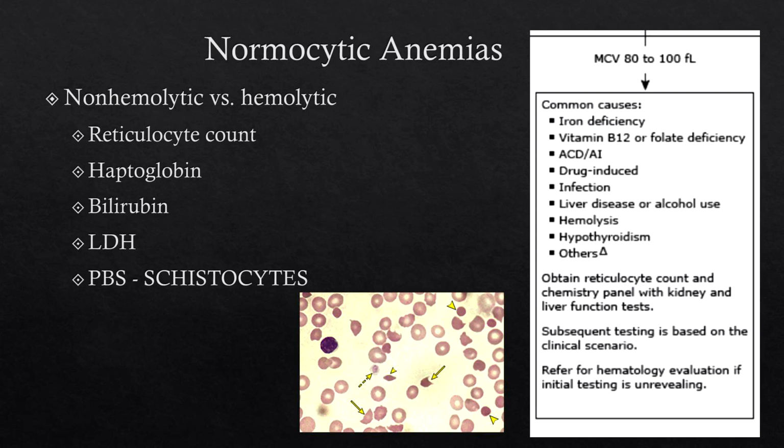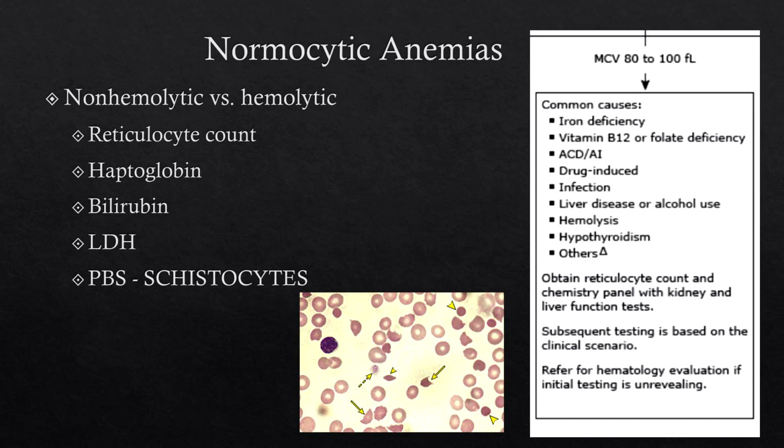And then if you're assessing for the possibility of hemolytic anemia, always get a peripheral blood smear. This is something that people honestly seem to overlook a lot. There's a lot you can learn by just looking at the actual blood under the microscope. And the big thing with hemolytic anemia is a lot of times you'll see schistocytes on the PBS.